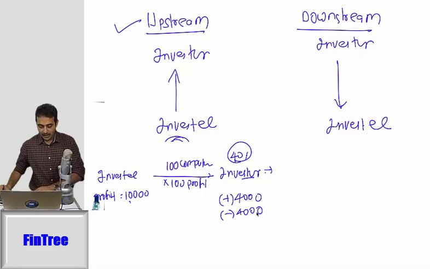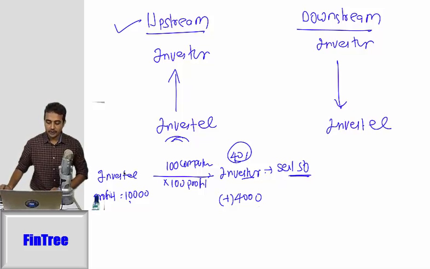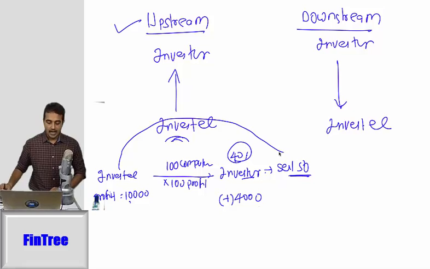But what if investor was able to sell 50 of those computers? Then the way you think of this is that investee has sold 50 to outsiders and 50 to investor. ठीक है ना?